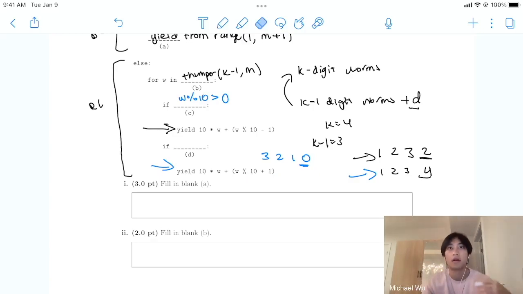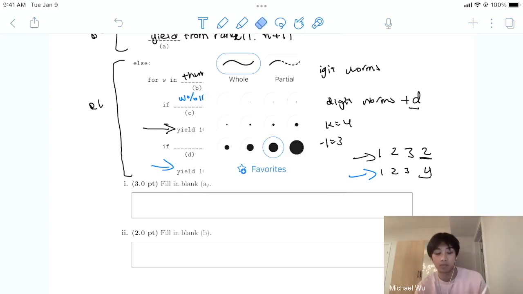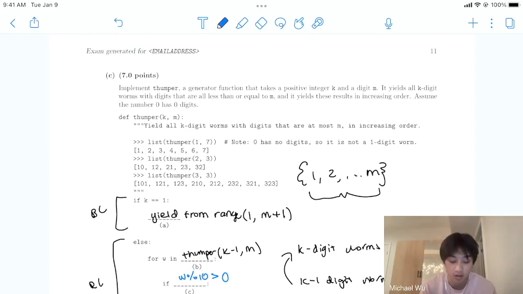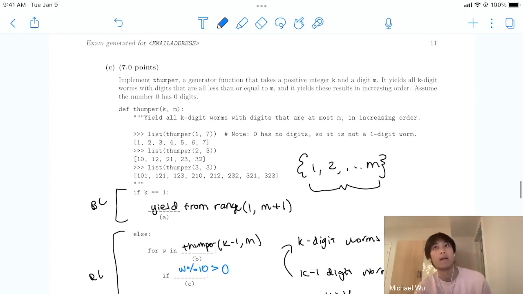Now, what about our constraint in the other direction? When can we not add a digit that's 1 greater than the previous digit? Like when can we not yield that worm? Well, we remember from our original problem that we have this constraint that all the digits in the worm have to be less than or equal to m.